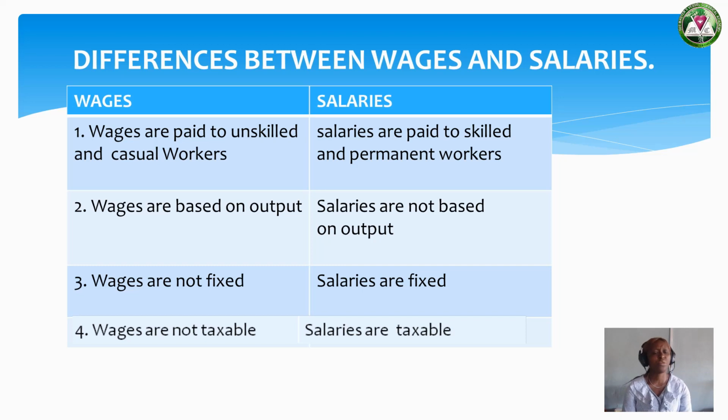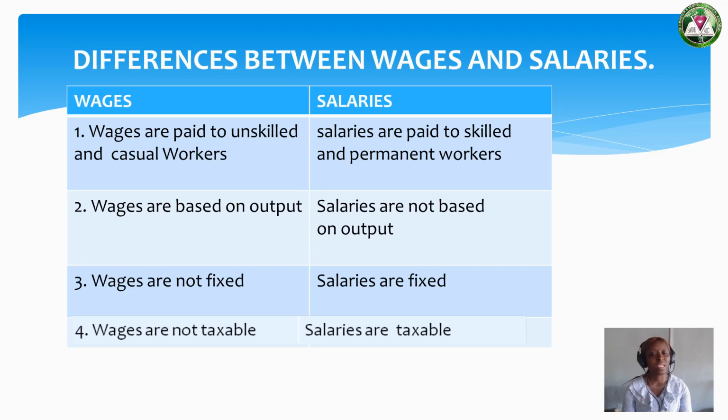Number 3, wages are not fixed, while salaries are fixed. You can earn 5,000 naira today, tomorrow it might be 3,000 naira, another time it might be 10,000 naira. So the wage you receive is not fixed.